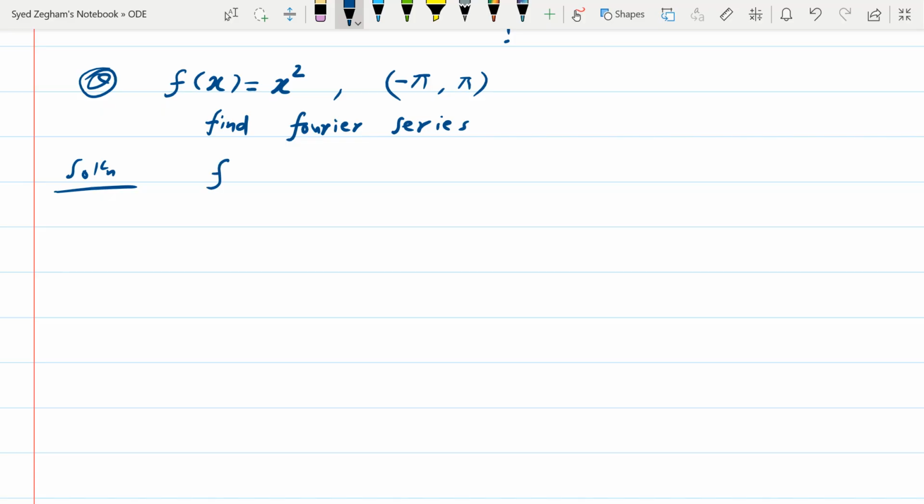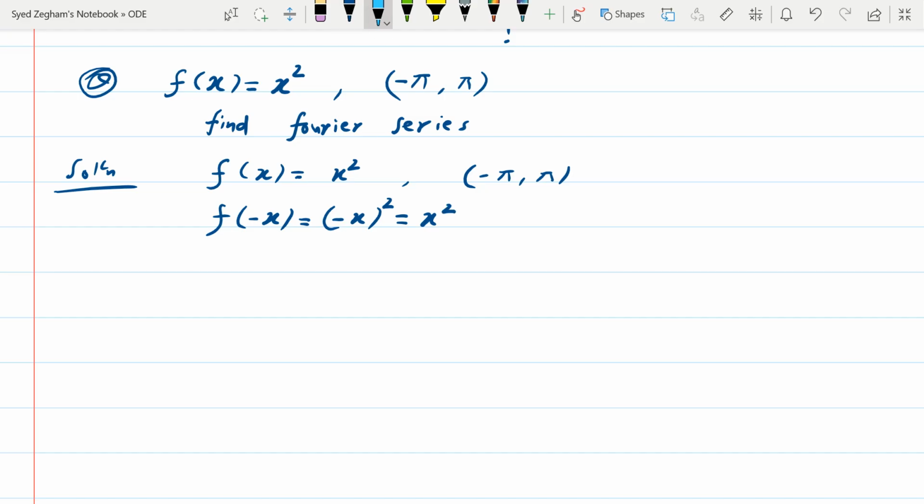This function is very familiar to us. f(x) equal to x square is defined on the interval minus pi to plus pi, which is of course an interval of the type minus p to plus p. What about f(minus x)? It becomes minus x whole square, which is the same as x square.